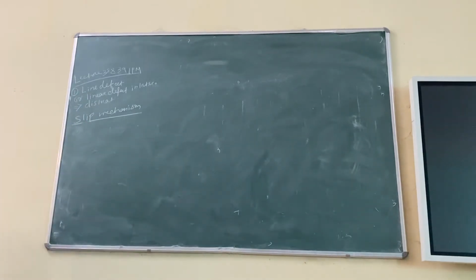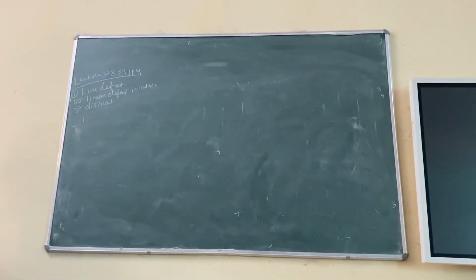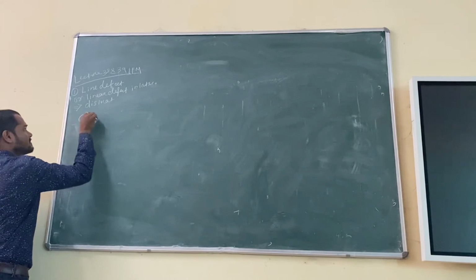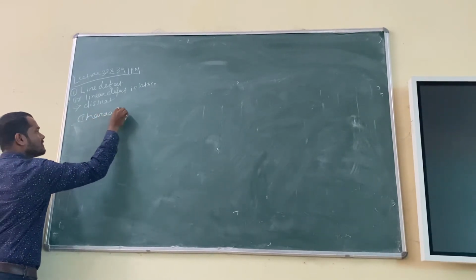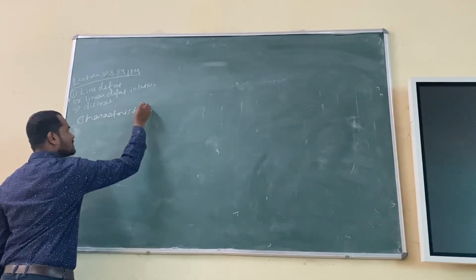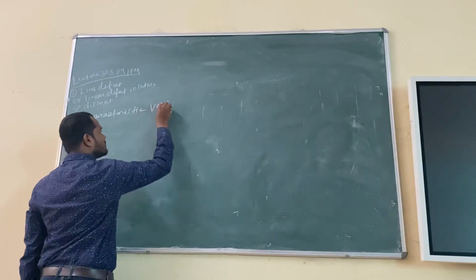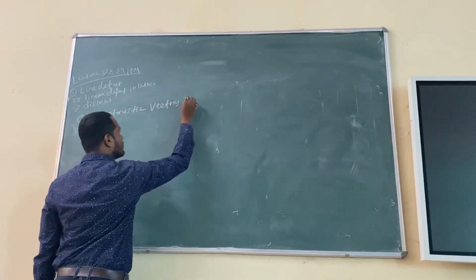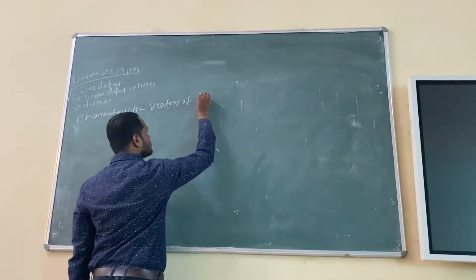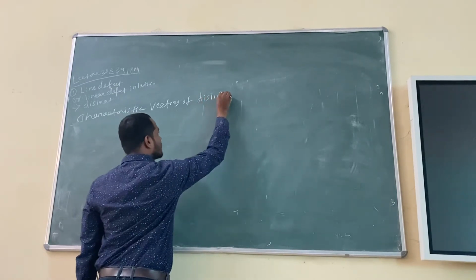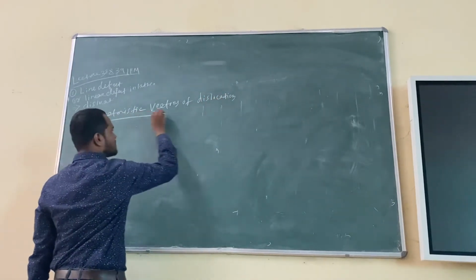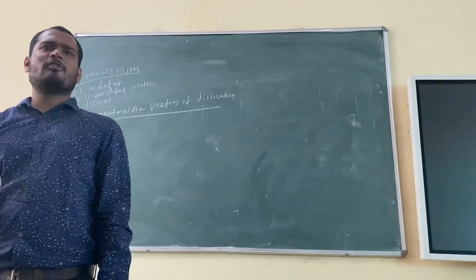Now I will define the characteristic vectors of dislocations, right? You know what a vector is.